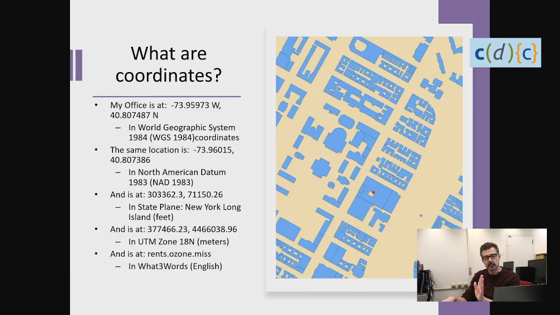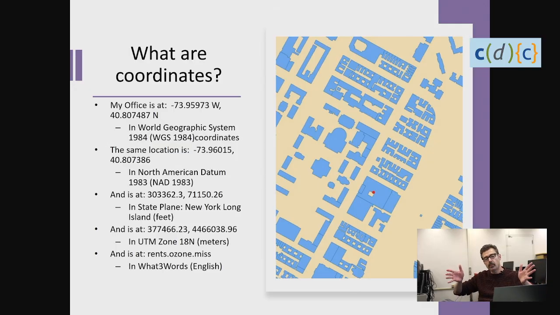So this is a map of this room. That red dot is where we're sitting right now. And if I look that up on Google Earth or whatever, it'll tell me that we're sitting at negative 73.95973 to the west and 40.807487 to the north. That's going to be very close to what your phone is identifying your location as right now if you look at it.